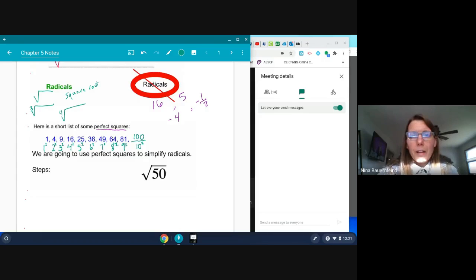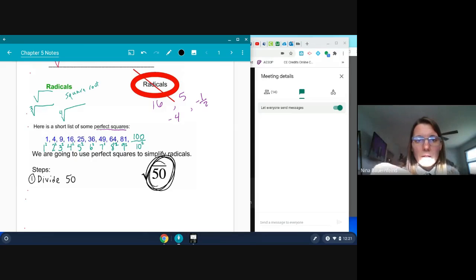So when we simplify radicals, there's about 4 steps the way I see it. I try to really break it down so that you have everything as clear as possible. The first step is to divide, in this case, 50, because that's what's right here, by numbers in the list until it's pretty.